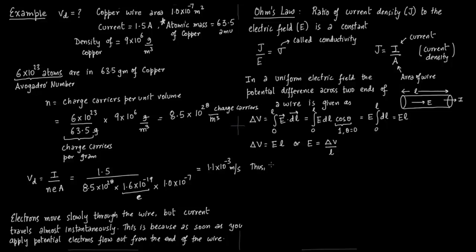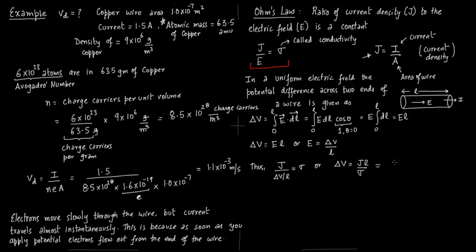So you can plug this into the Ohm's law. The Ohm's law is right here. Let's mark this in red because it is important. So you get J over, instead of E write delta V by L, is equal to sigma. Or you can rearrange this and you can get delta V is equal to JL over sigma.